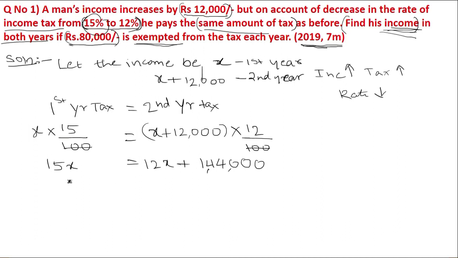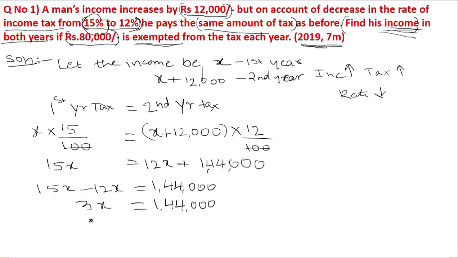So now I am going to keep the 15x here. Send this 12x to the left hand side. So 15x minus 12x is equal to 1,44,000. So 15x minus 12x, how much will it be? 3x. 3x is equal to 1,44,000.